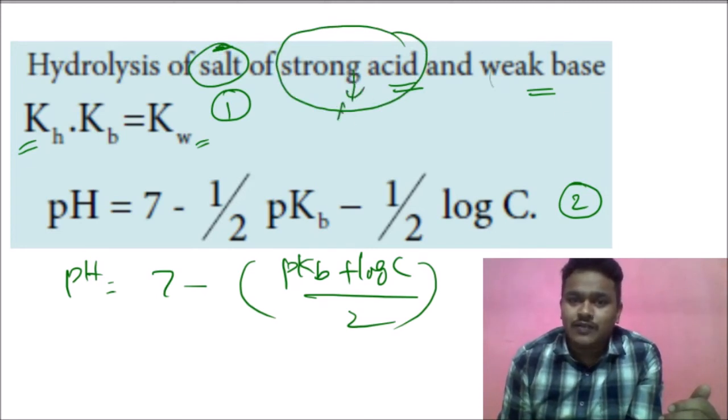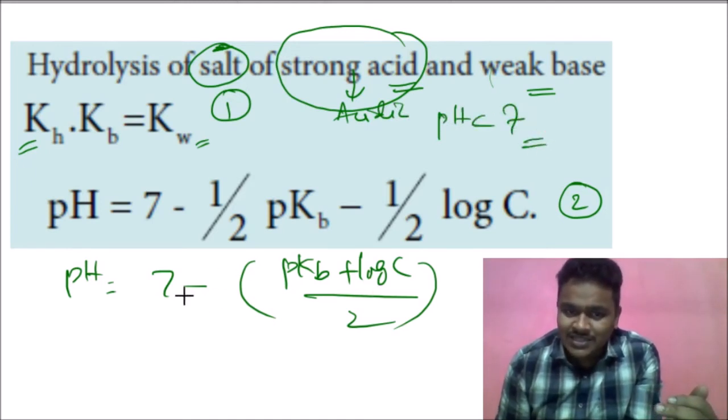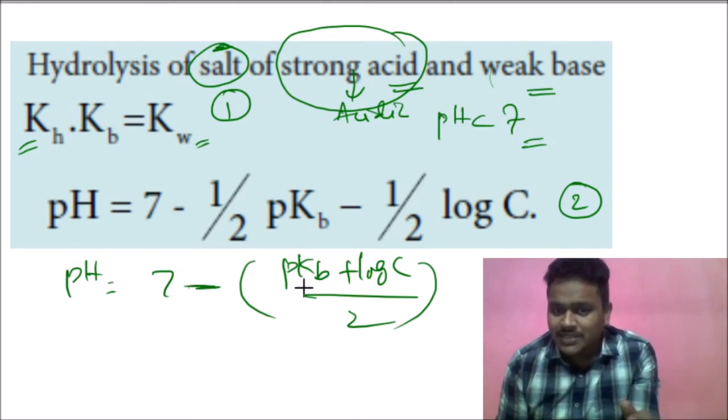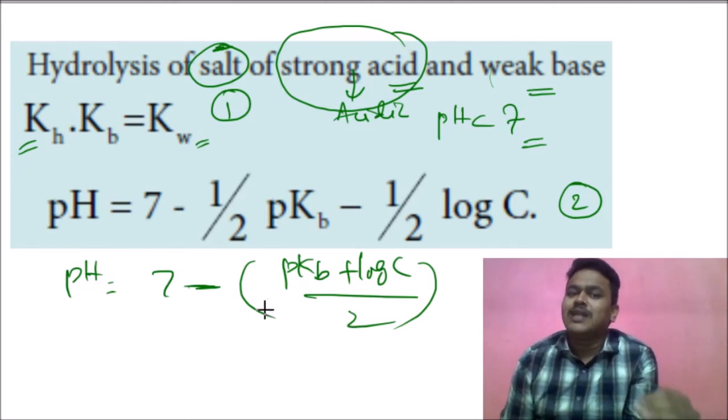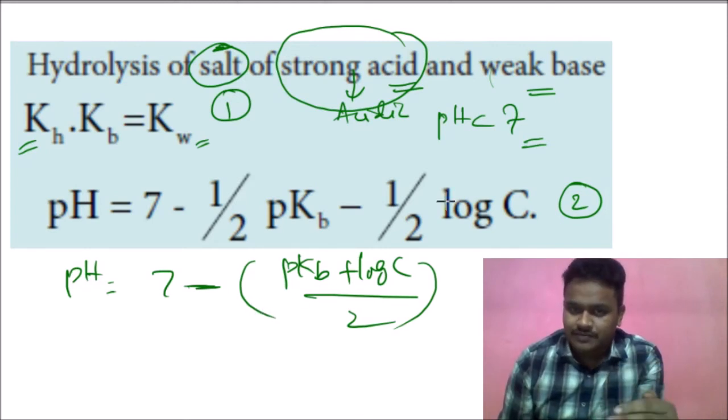Strong acid means what is the nature? Acidic nature. Acidic nature means pH will be less than 7. Less than 7 means that is why I arranged it like this: 7 minus. Definitely the value will be 7 minus pKb plus log C by 2. This is the expression after a similar type of derivation.